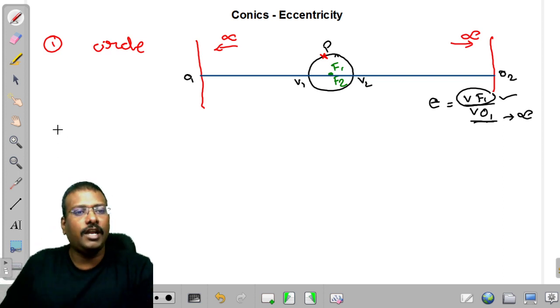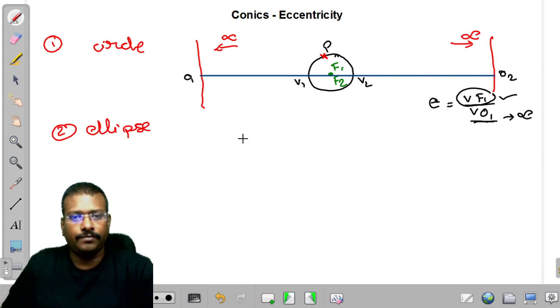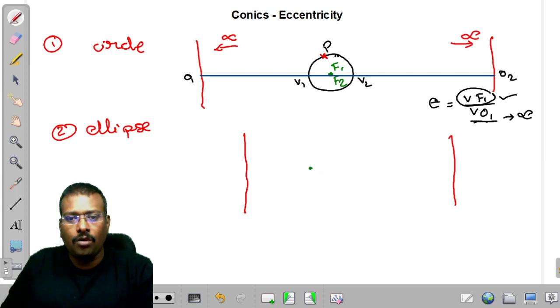Next one is for the ellipse. In the case of an ellipse, what is happening? The directrices are coming closer, and the focal points will be separated. They do not coincide now; they are deviated and moving away from each other.